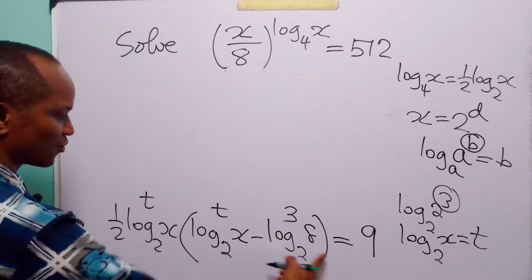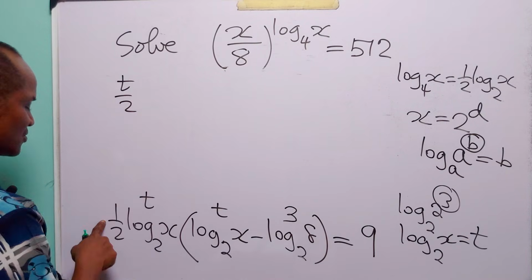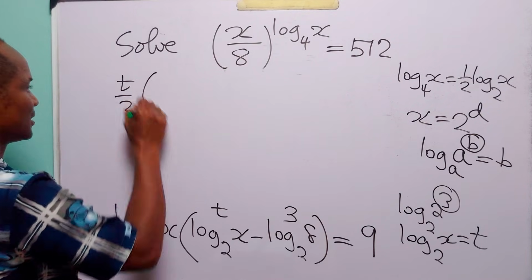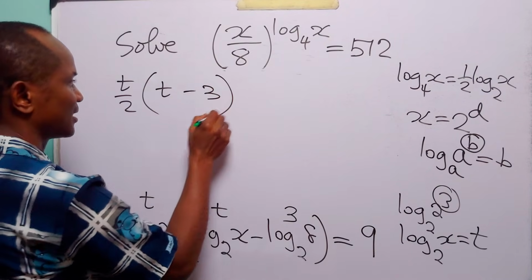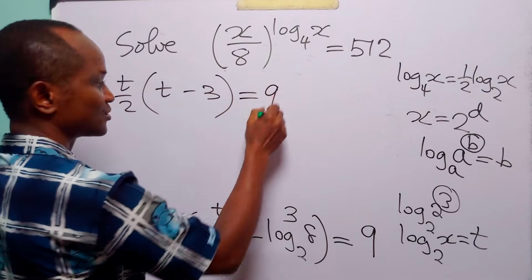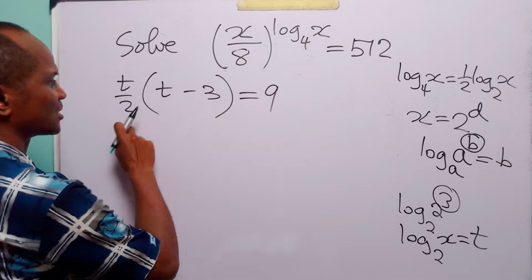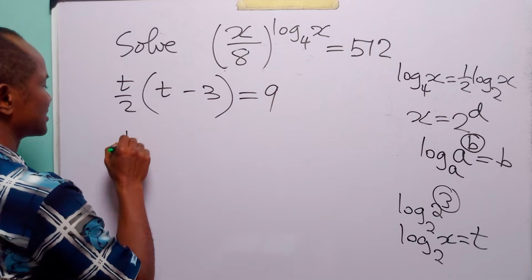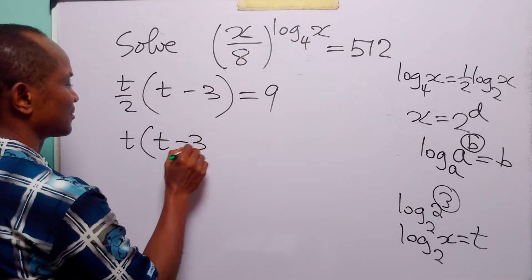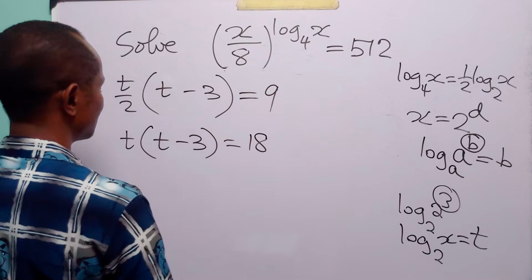With this substitution, we can write this equation as t over 2, that is half t, times t minus 3 is equal to 9. And of course, to get rid of this fraction, we multiply through this equation by 2. When we do that, we have that t into t minus 3 is equal to 2 times 9, which is 18.